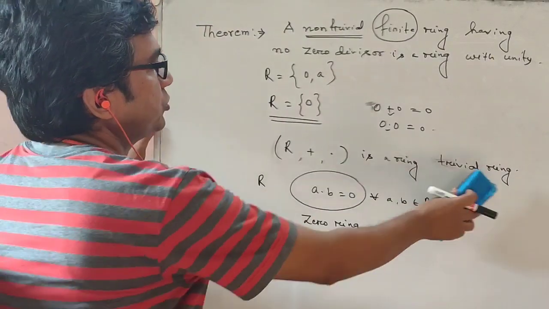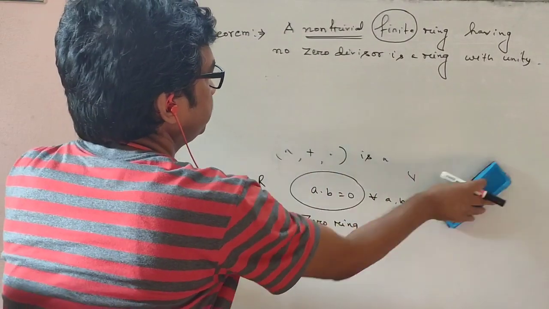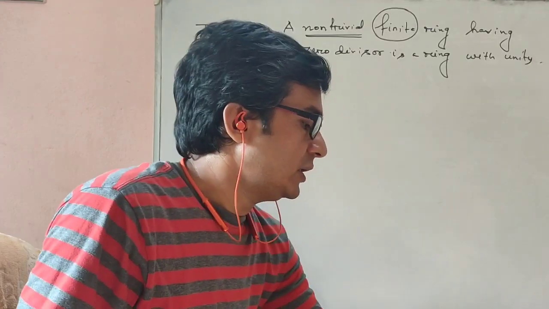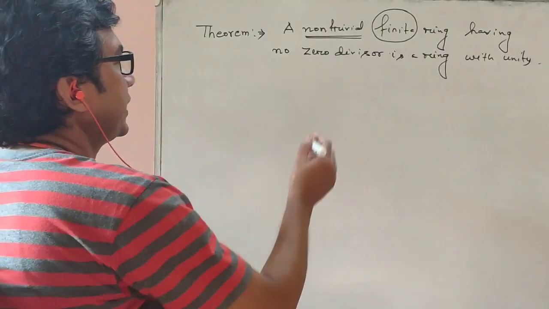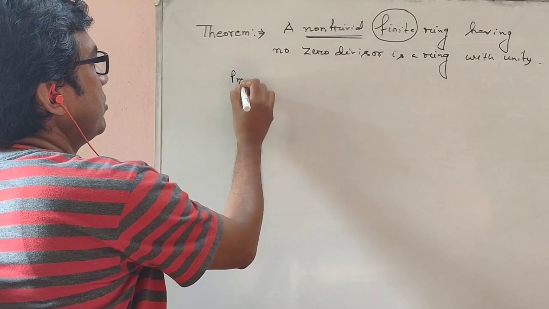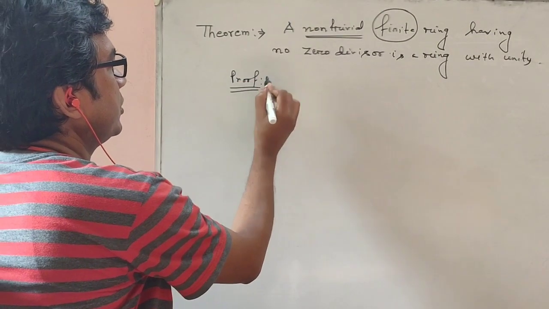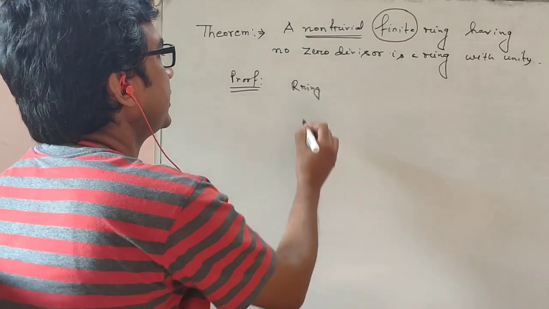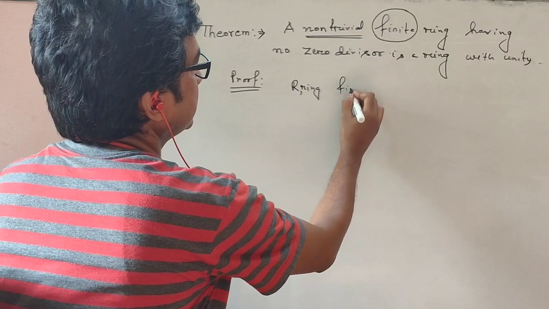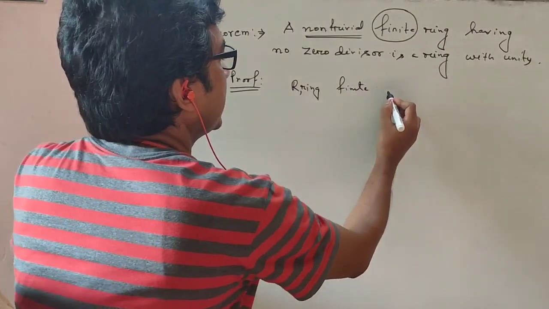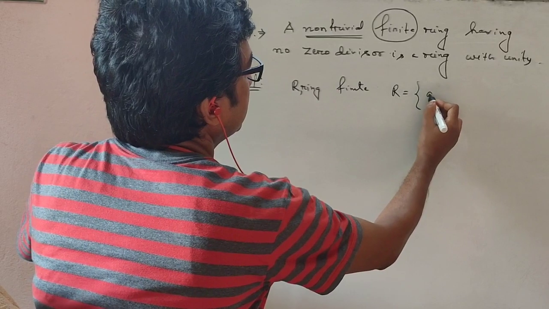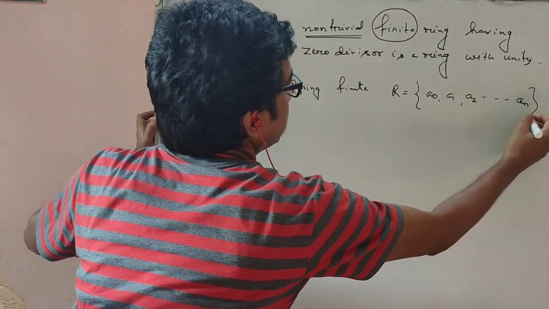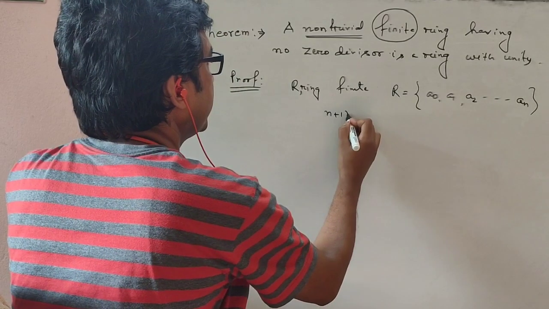Now we come to the proof of this theorem. Here the ring R is finite. Let R equal {A0, A1, A2, ..., An}, n plus 1 number of elements.